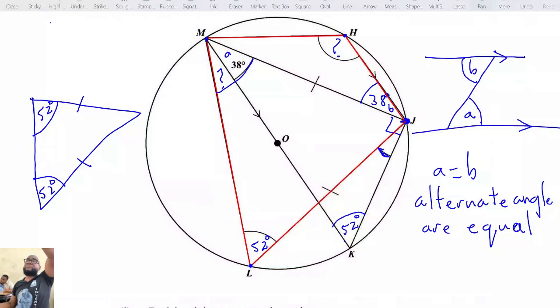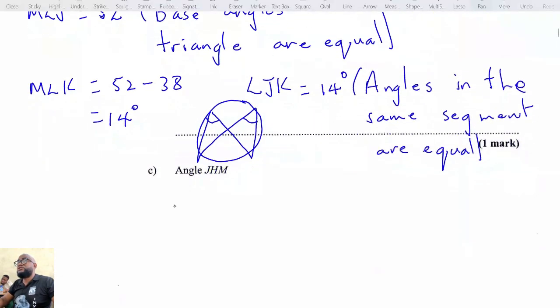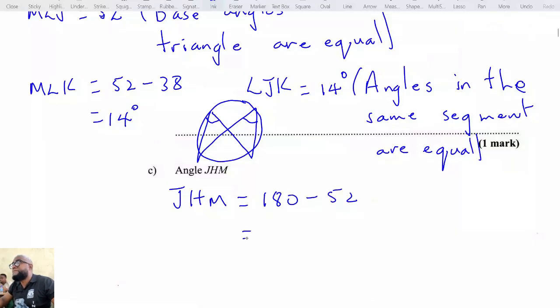So if I know the angle that is opposite to the angle we are trying to find, 180 minus 52 will give me JHM. Simple as that. So JHM is simply equal to 180 minus 52, which is 128.